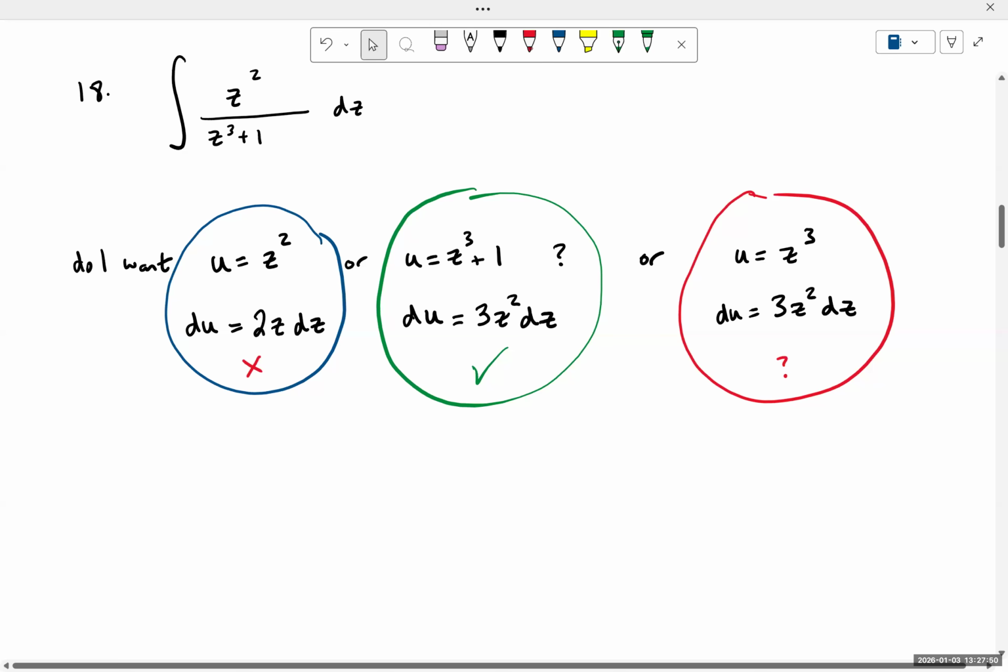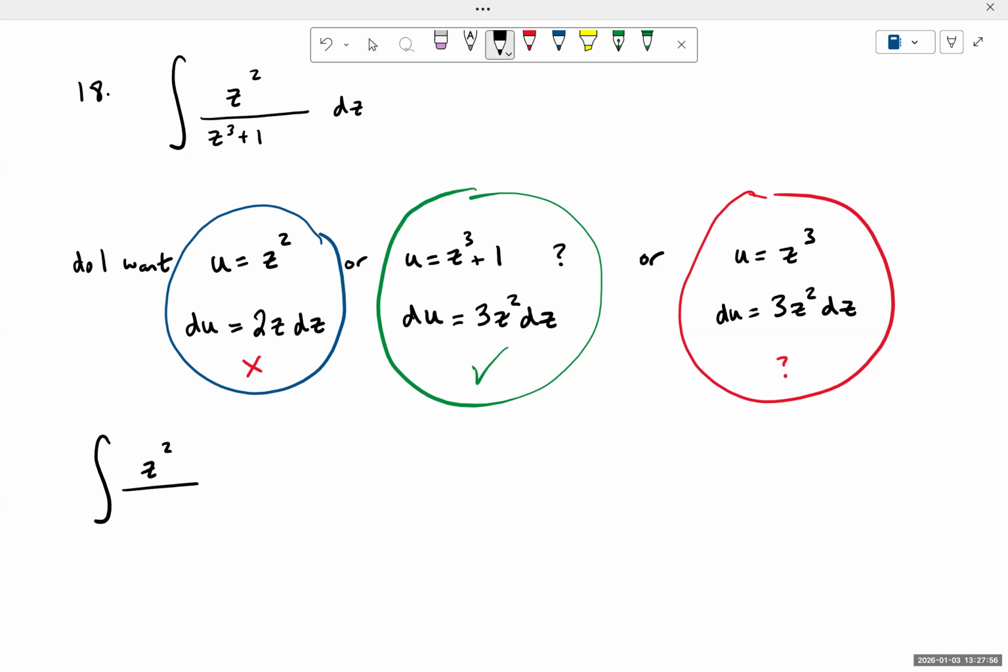I probably have a little bit more space if I rewrite it down here. All right, so you can see I have to be a little bit careful because I got that 3. So let me just plop that 3 over here. This is z squared dz. I've got z squared dz right here in the top, right? These guys right here. There's my z squared dz. So this is going to become my du. Let me make it clearer if I write it a little bit.